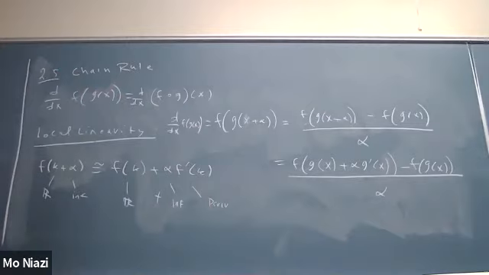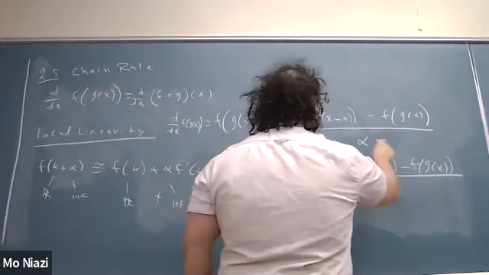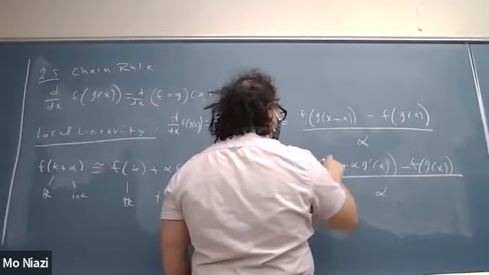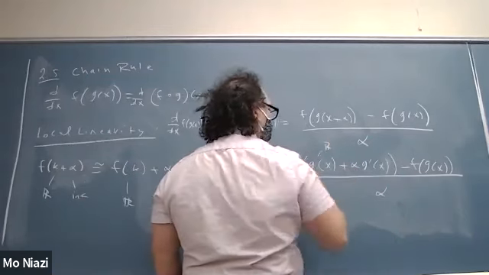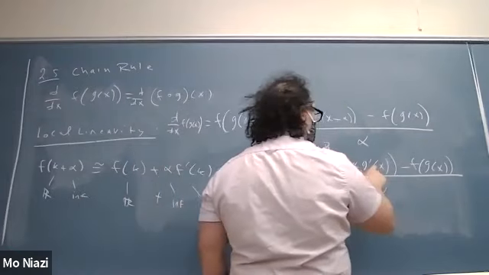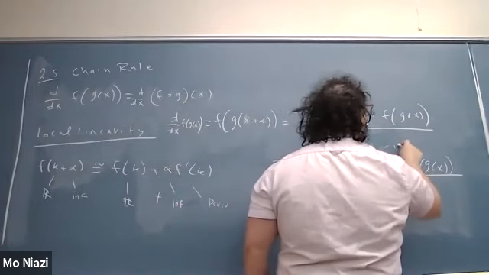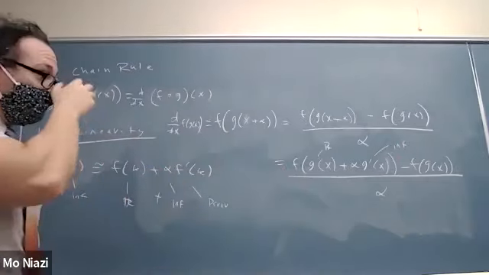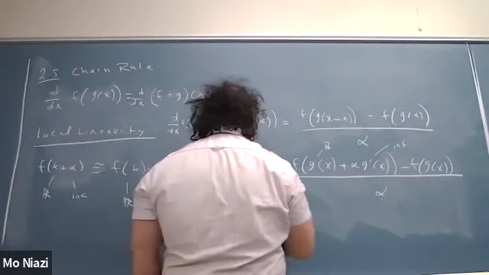The same is going to happen over here, because g of x is now the real number, and alpha g prime of x is now becoming the infinitesimal. So we can use local linearity twice. So what does this give us?